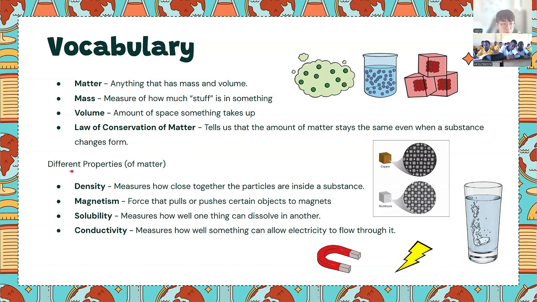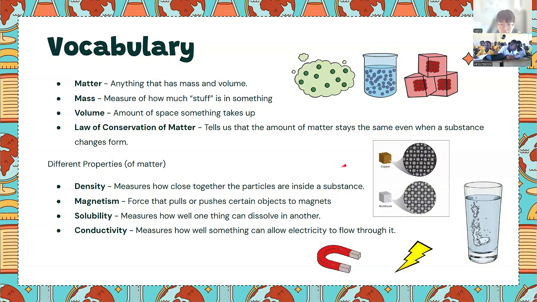Now we'll also learn about some different properties of matter. Here is a list of a few. We'll learn about density, magnetism, solubility, and conductivity. Density, which we'll learn, measures how close together the particles are inside a substance.